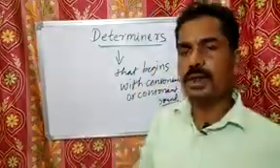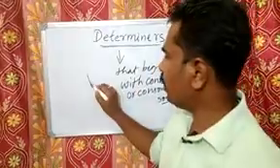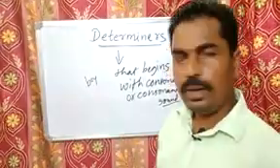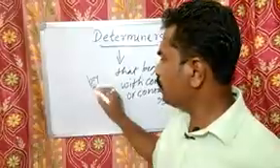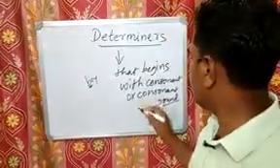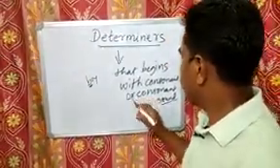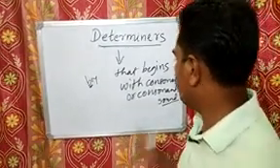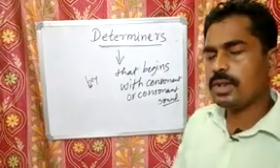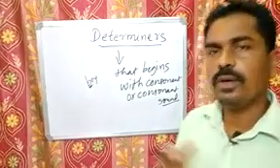If it begins with a consonant, such as boy, B is a consonant, B-O-Y, boy, you should use a. So first of all, you see whether it starts with a consonant or a vowel.